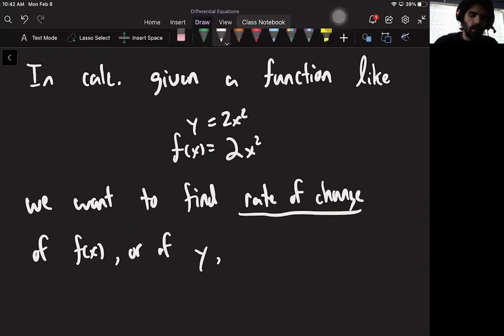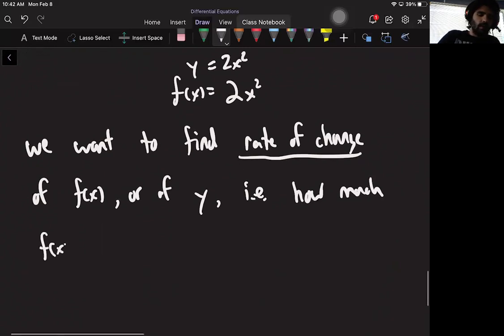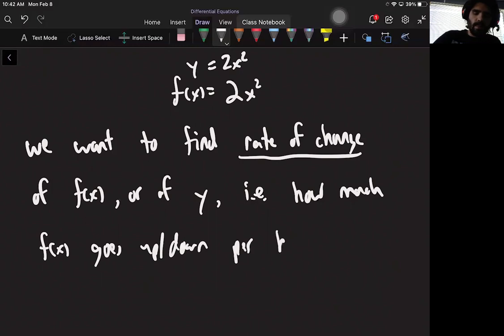And the whole point of that is, what that means is you want to know how much the function, or the y, goes up or down per how much it goes left and right.